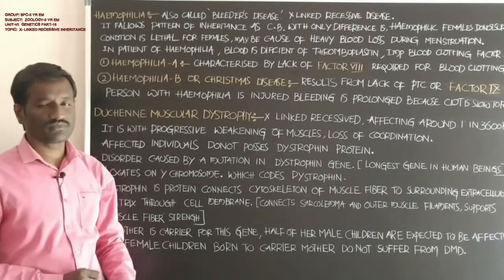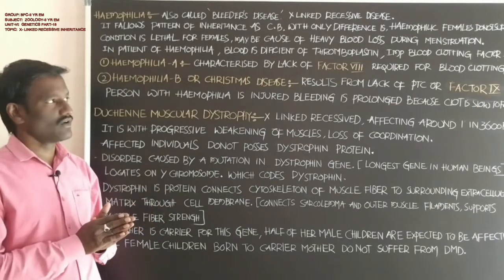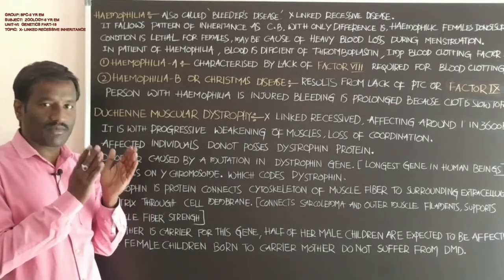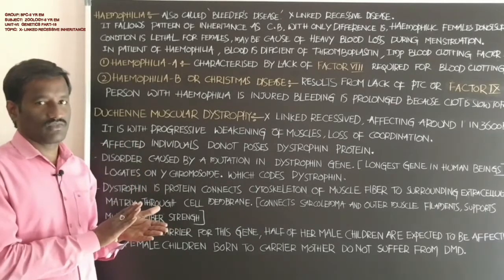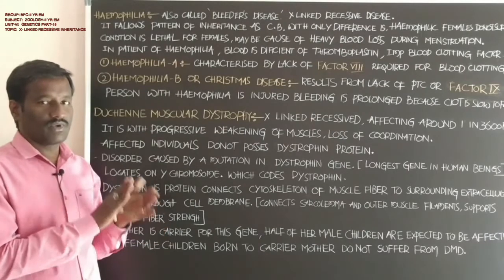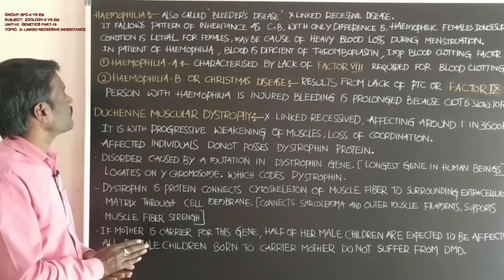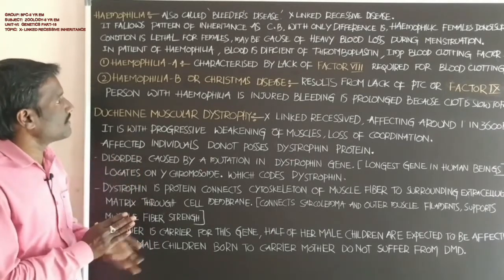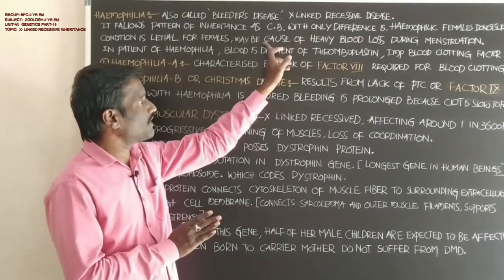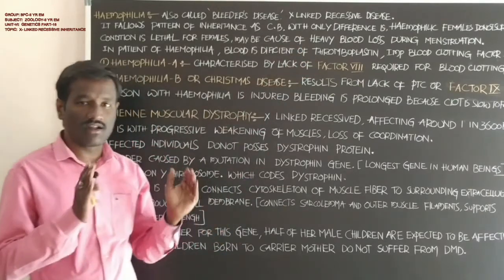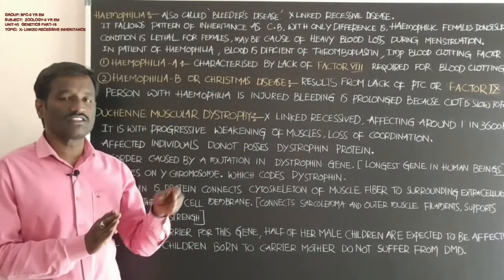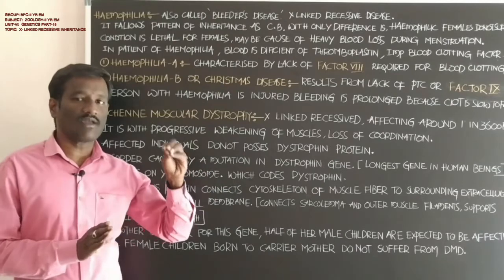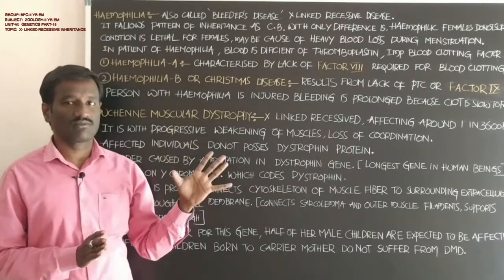Survival capacity is lost. It may be caused by heavy bleeding, as a large amount of blood is lost at the time of menstruation.